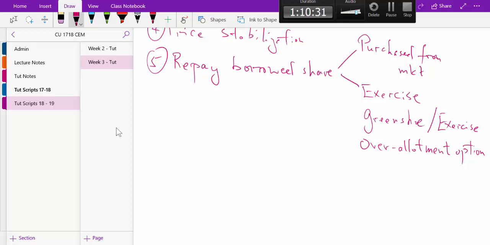The company. The over allotment option will kick in. Now, someone earlier asked whether something is mechanical.